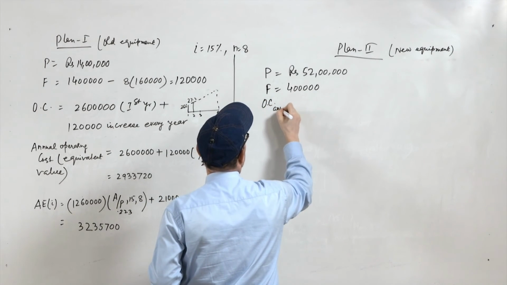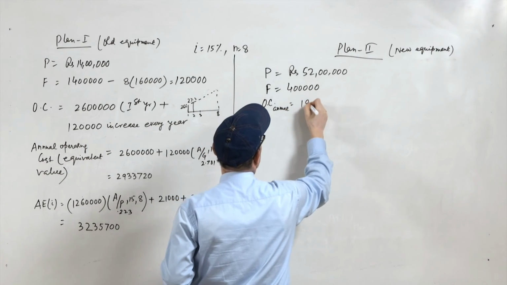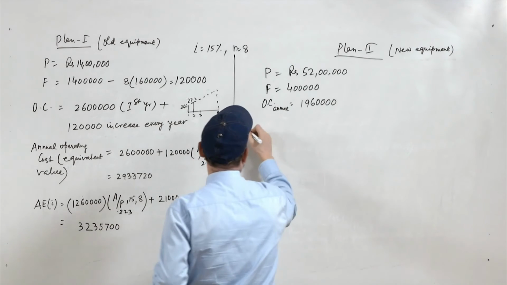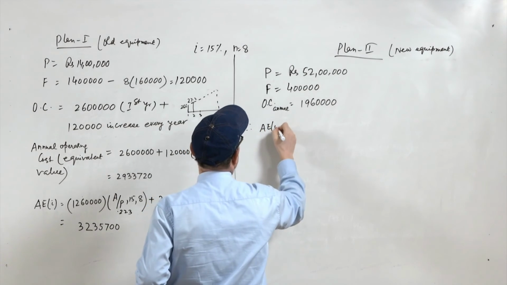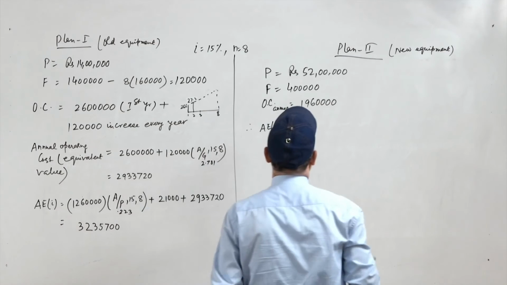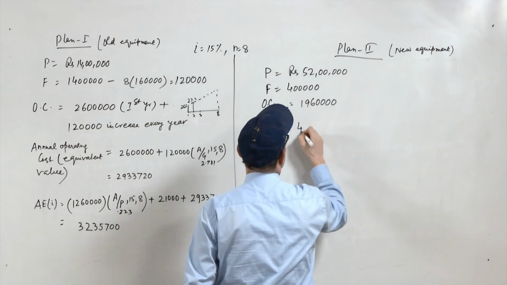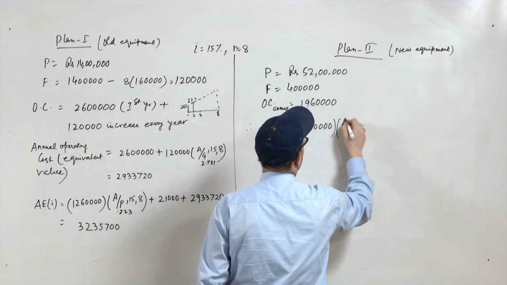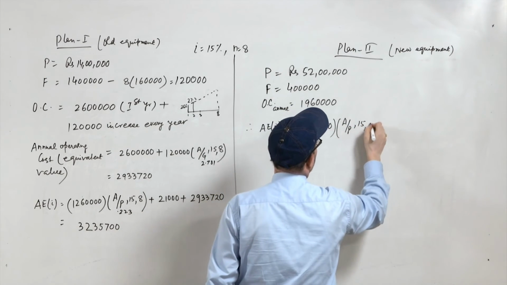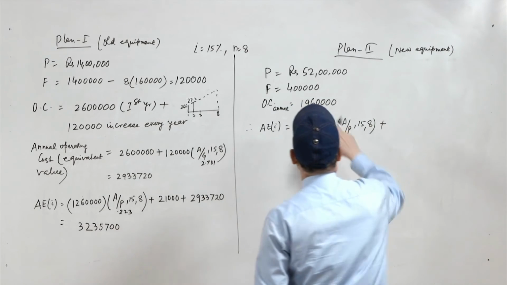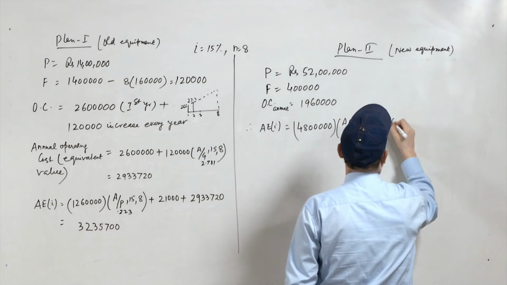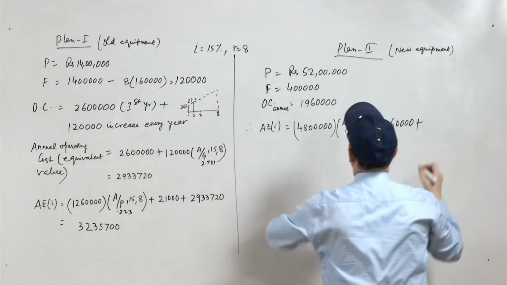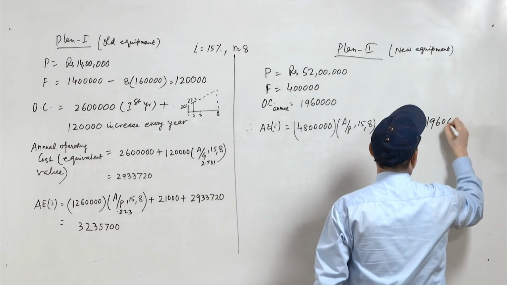So, the annual equivalent value will be P minus F, that is 48 lakh, times A by P 15.8, plus F into i, so it is 60,000, plus the annual operating cost 19 lakh 60,000.